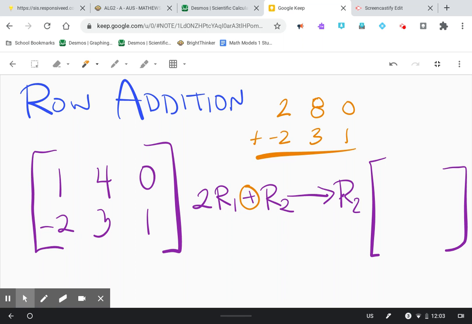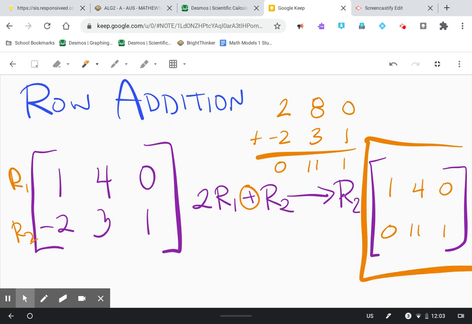I'm going to add these up. 2 and -2 make 0. 8 and 3 make 11. 0 and 1 make 1. And then I want to write this answer in row 2, which is what the notation says to do. 0, 11, 1. And that means that row 1 is going to be unaltered. So row 1 would look like that. And this would be the final result.